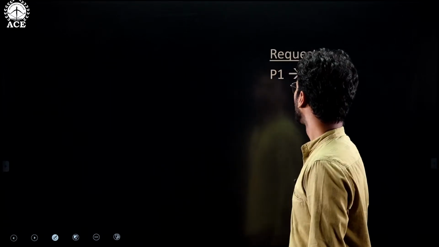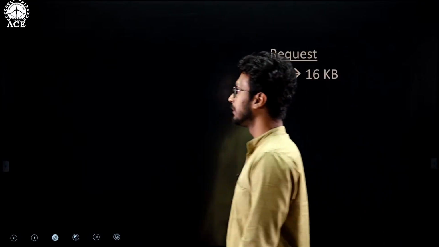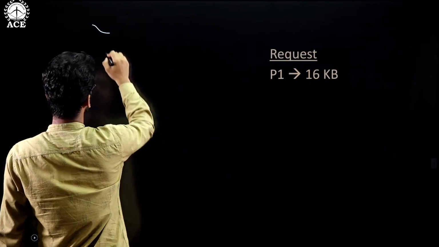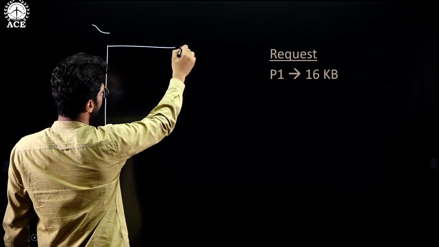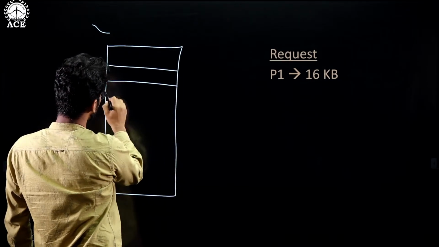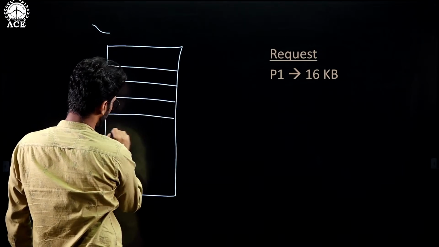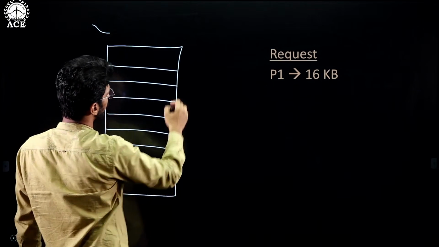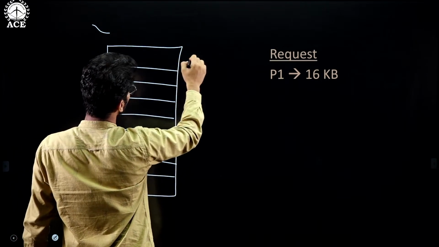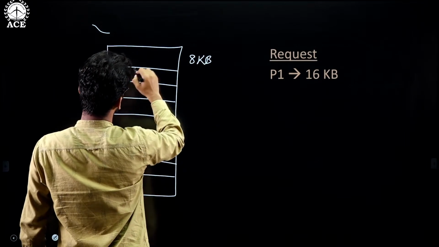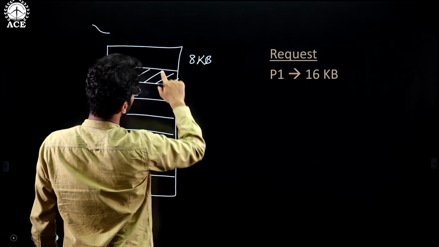Done. So let me draw maybe a random diagram. Consider the following memory map. I'll just draw it fastly, I won't take a lot of time. Let's say 8 KB already there. This is free slot.